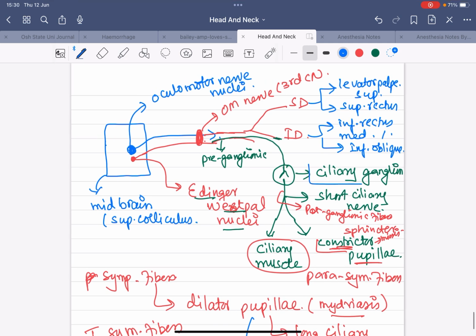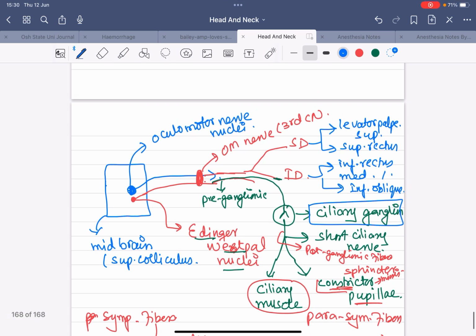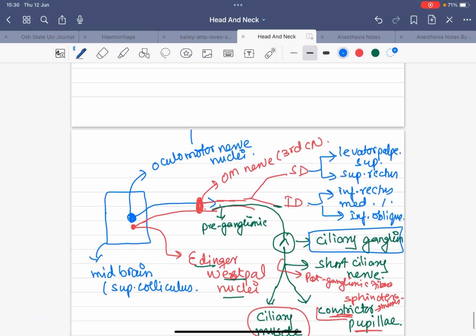Whenever a patient has a cranial nerve 3 injury or damage, please remember these muscles' action will be gone. Dilator pupillae action will remain normal. So the patient with oculomotor cranial nerve 3 damage will have a downward and outwards eye, down and out eye.